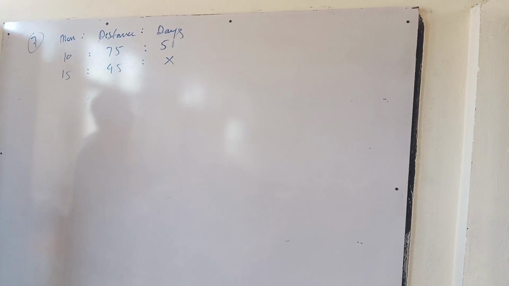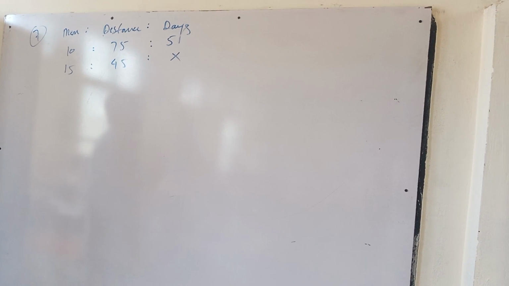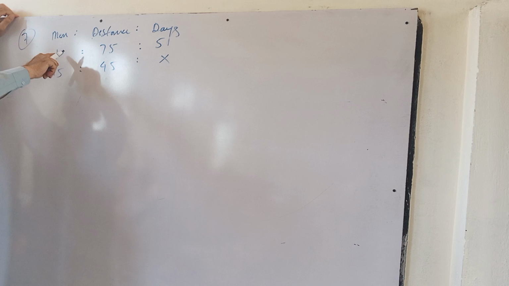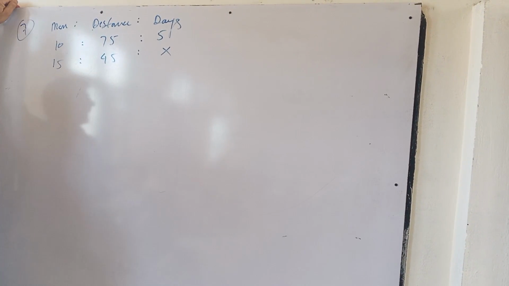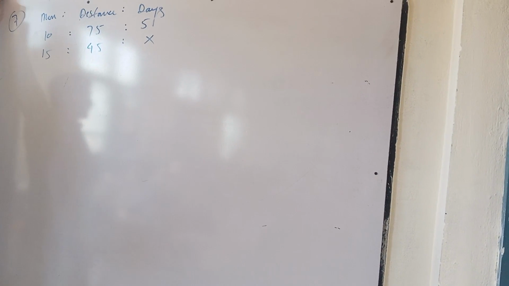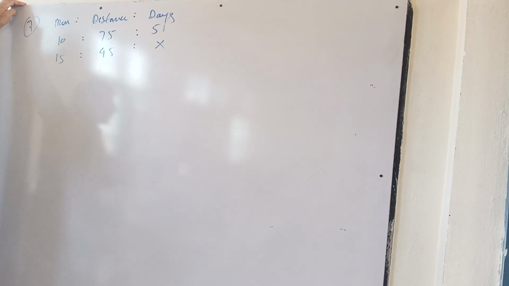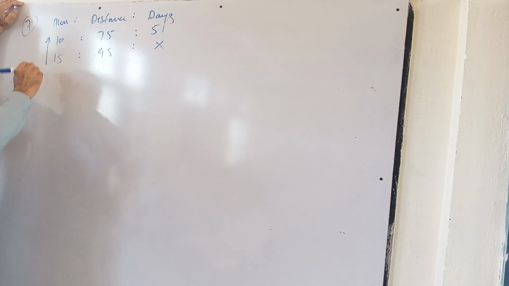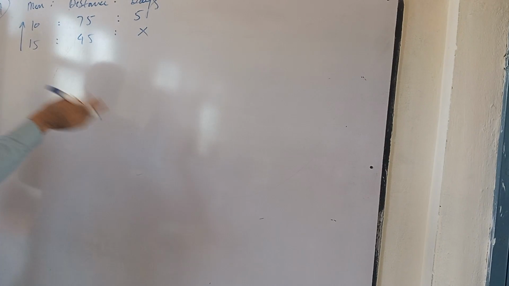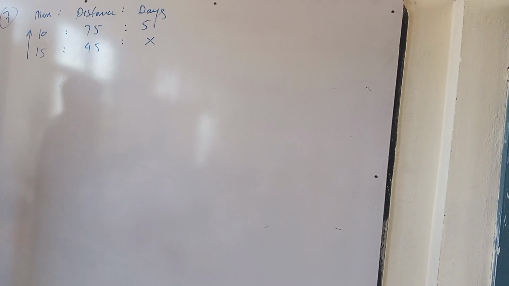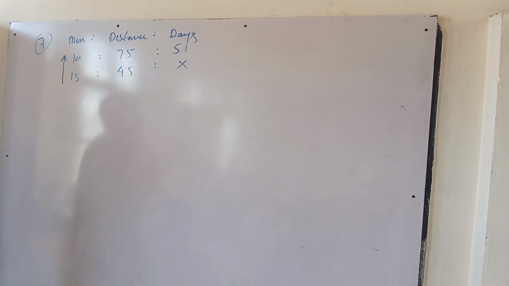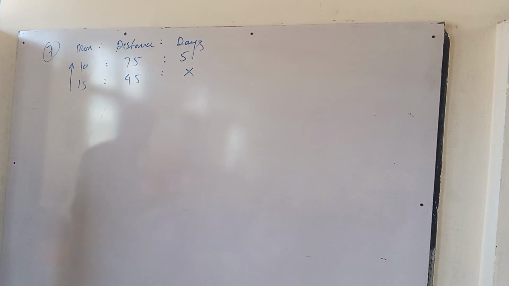For inverse variation, we generally use the arrow method. If quantity 1 and quantity 3 are inversely proportional, we use the arrow whose arrowhead is upward. Now for the distance, that is quantity 2 and quantity 3, if they are directly proportional, the arrowhead will be the same as that of quantity 3, in a downward direction.